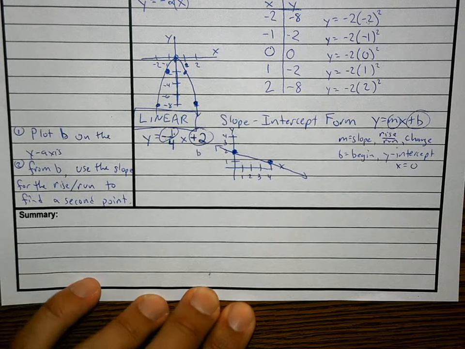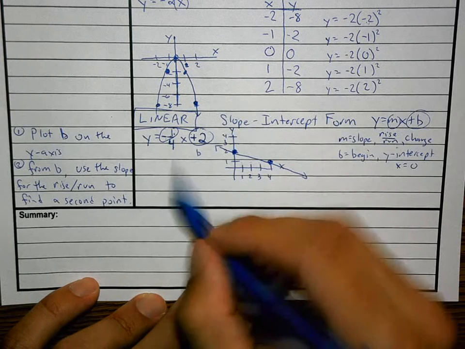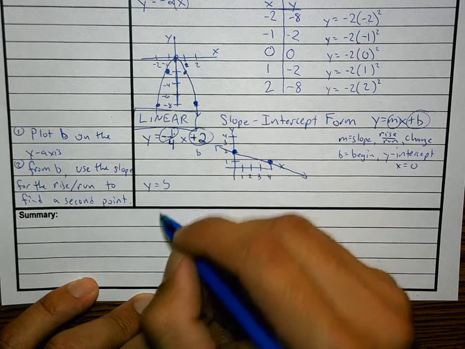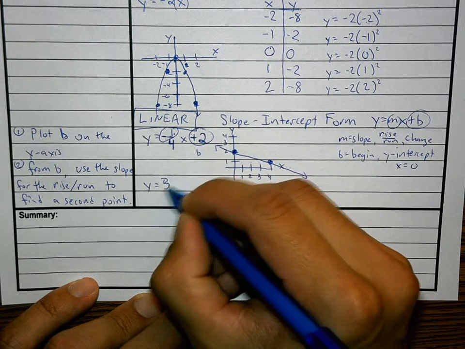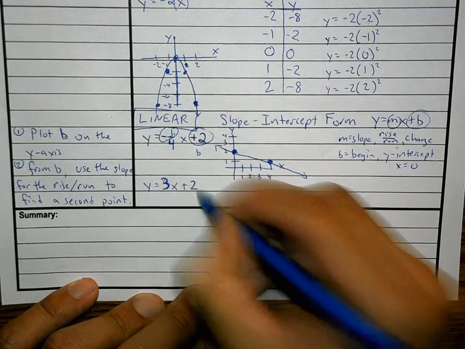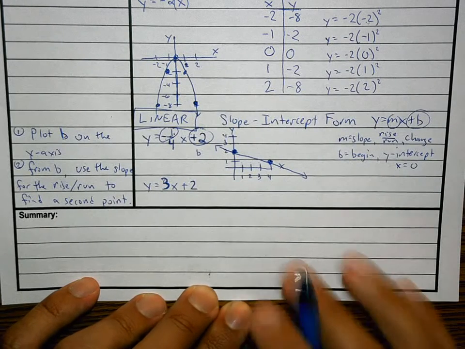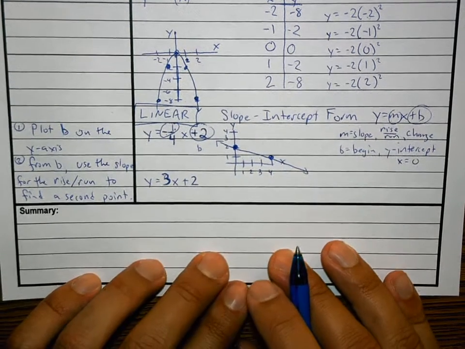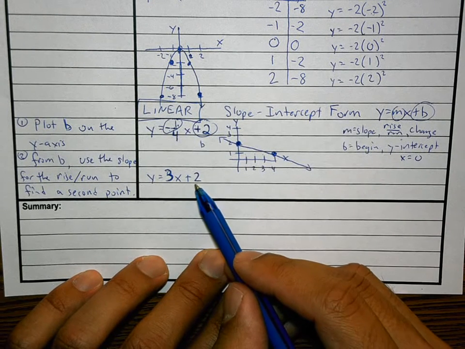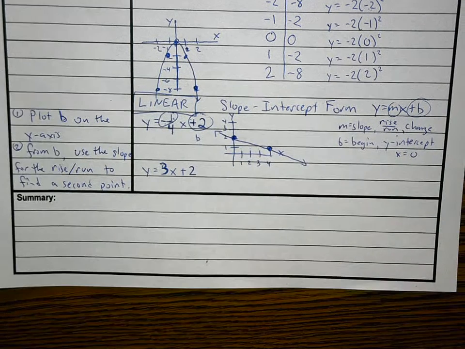Okay. What would happen if my slope, let's do the same one except y equals 3x plus 2. I'm going to do the same one, same graph paper. Another example. Y equals 3x plus 2. My first point, this time I have a different color.